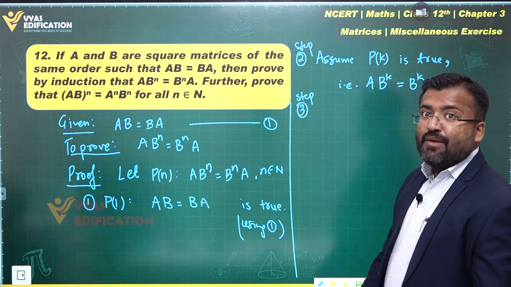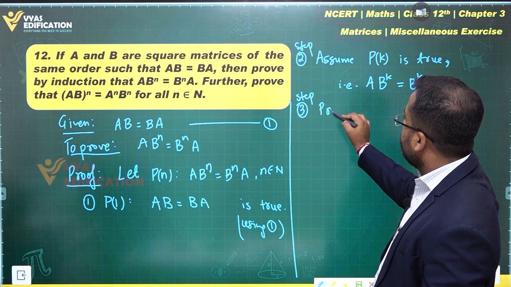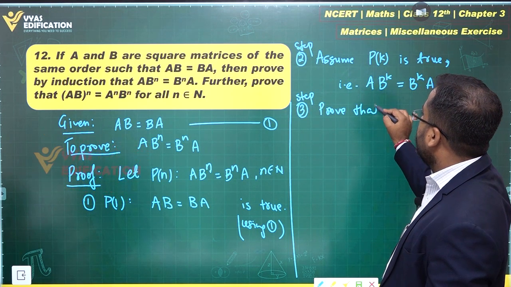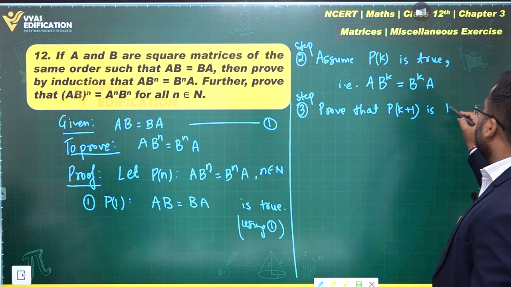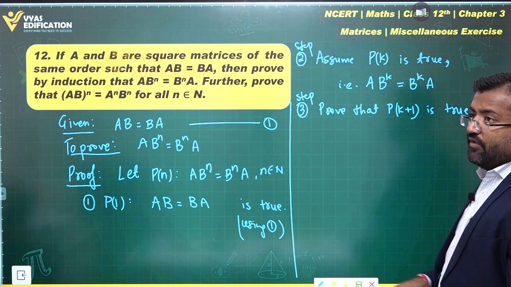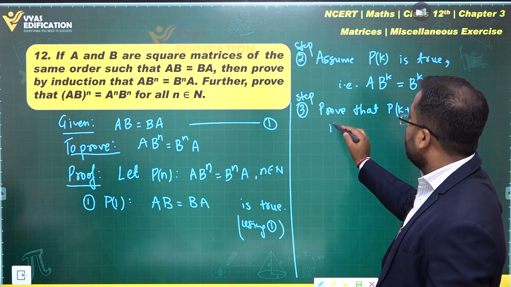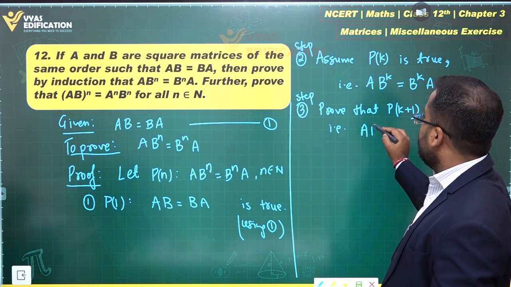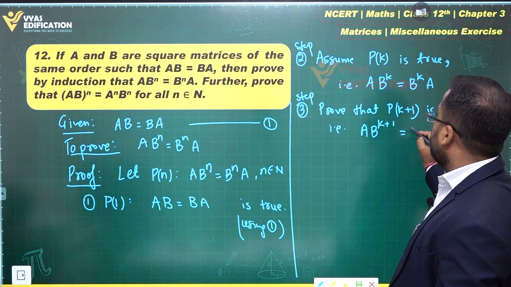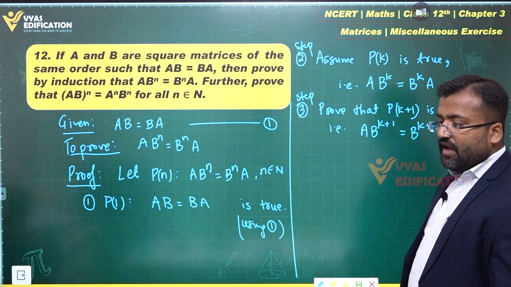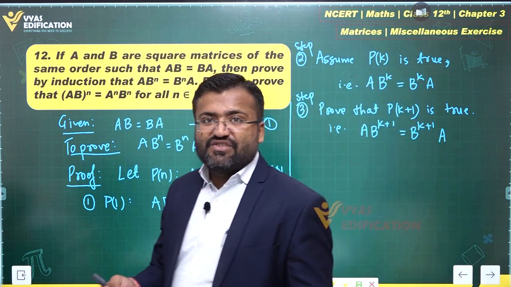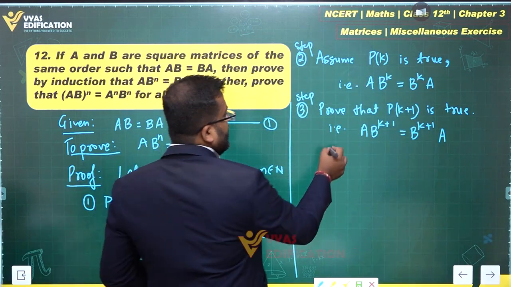Step 3 says prove that Pk plus 1 is true. For proving that Pk plus 1 is true, that is (AB) power k plus 1 is equal to A power k plus 1 times B power k plus 1, we can begin with the LHS first of all, right? We can begin with the LHS.